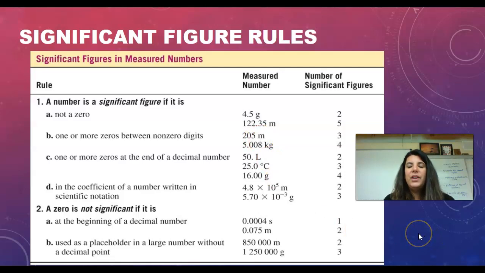How many significant figures are there? And I would hope that you'd be able to figure out, well, there are 3, because the 0 is significant. 0.075. How many significant figures are there? Go through your rules and say, oh, the 7 and the 5 are the only 2 significant figures.